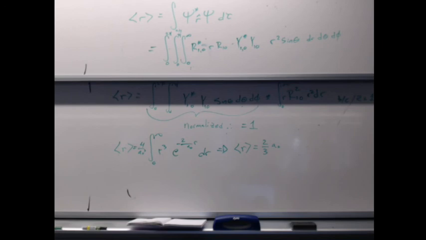That's funny. Let me check something real quick. That shouldn't change the answer. Okay, so the thing that's interesting that we haven't talked about is how you can combine these. If you look at L equals 1, M sub L equals plus or minus 1, you get imaginary parts in terms of theta and phi.